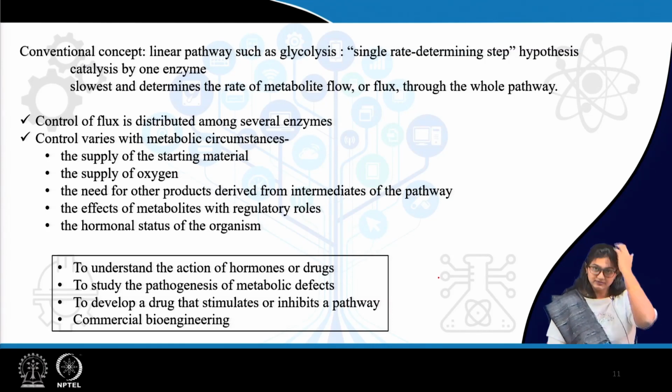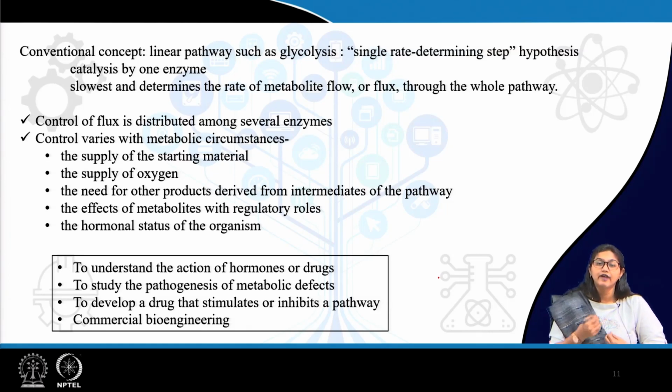Various experiments have explained that a metabolic pathway is basically the effort of all the enzymes related to that pathway. So, the control of the flux through the metabolic pathway is distributed among all the enzymes located in that pathway, and that control also varies not only on the enzymes, but also on the substrate supply.